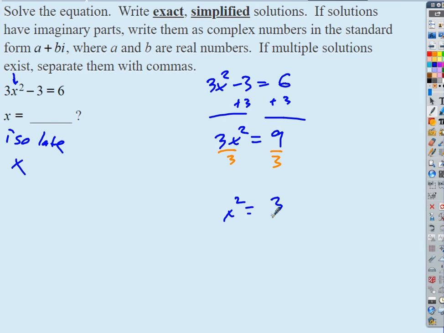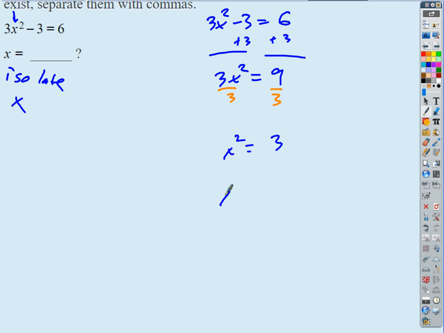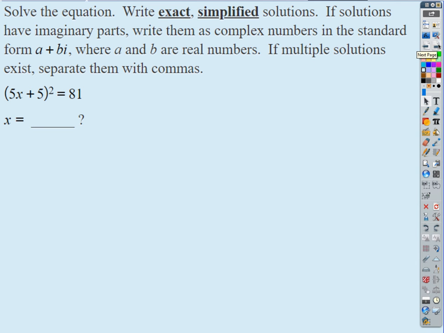And then if I square root both sides, what do I get? I get plus or minus. That's the thing you don't want to forget. I get plus or minus the square root of 3. So in Moodle, what I'm going to input here is radical 3, comma, minus radical 3. No big deal, okay?